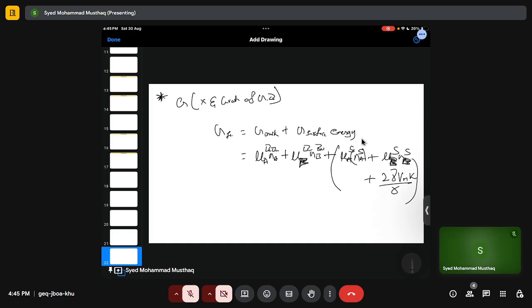Bulk. This is surface. So now the G surface energy depends upon this.